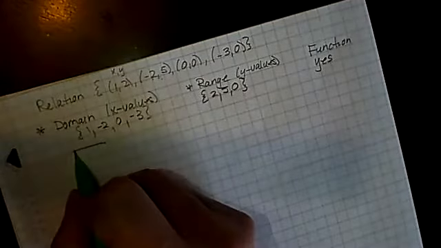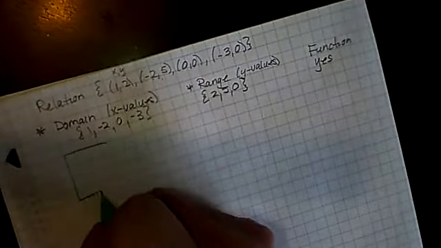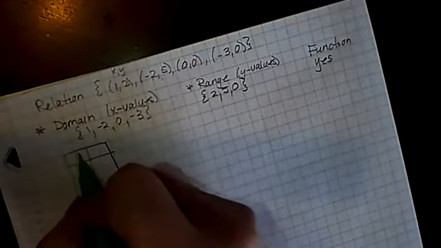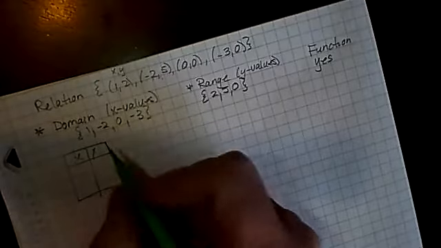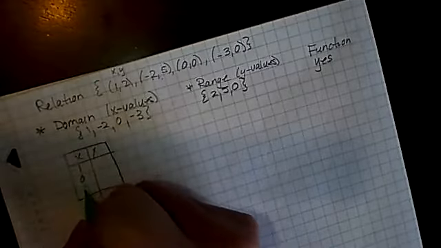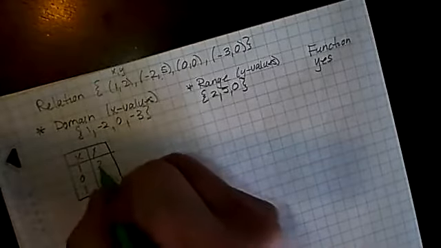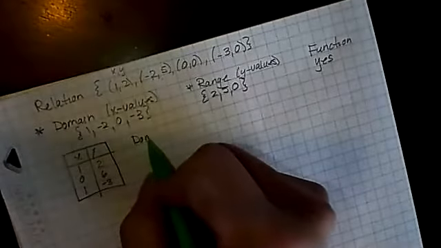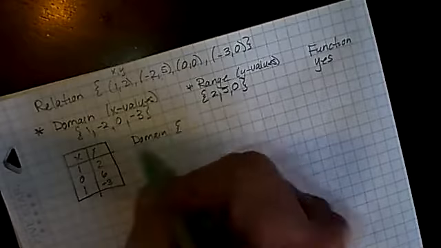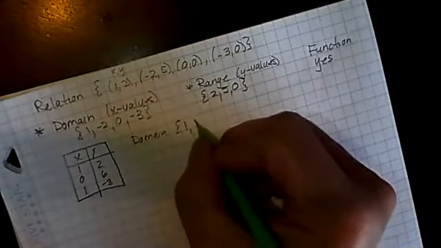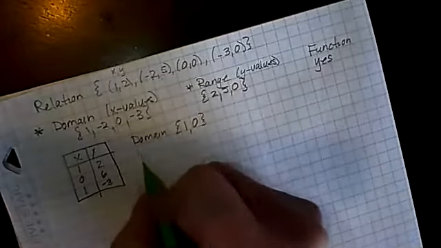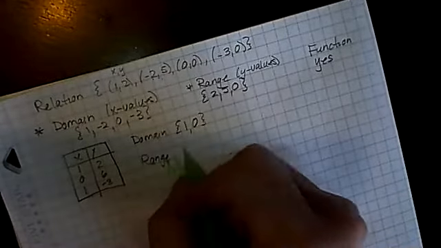Sometimes you'll be given the information maybe in a table. So maybe we'll have a table. All right, so let's say we have something like that. So what is the domain? Well, the domain is going to be your X values. So we have 1, 0, and then we have another 1, but I only write it one time. The range are your Y values.